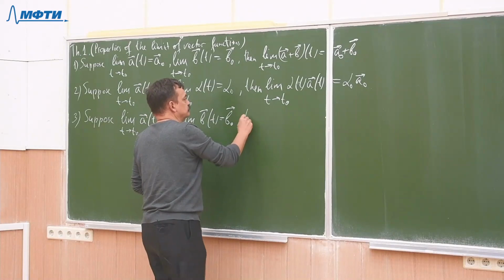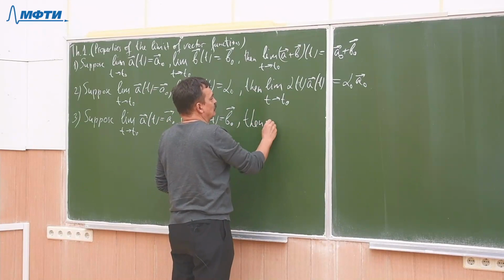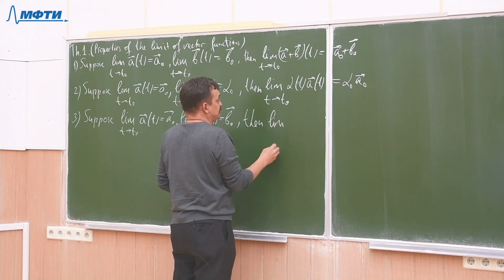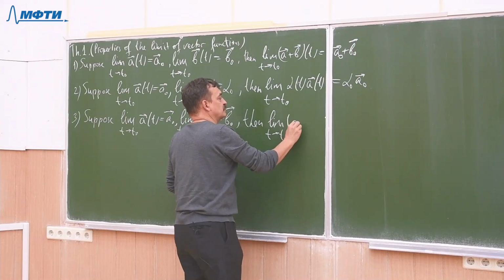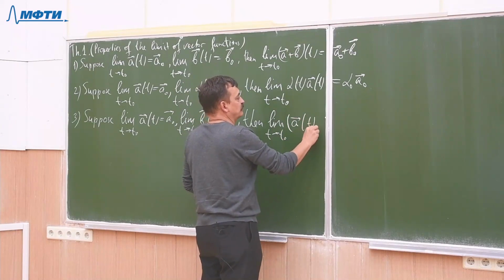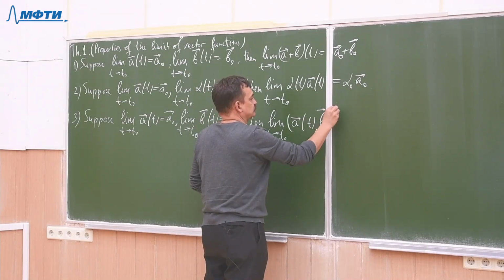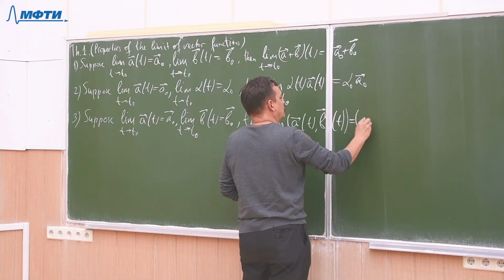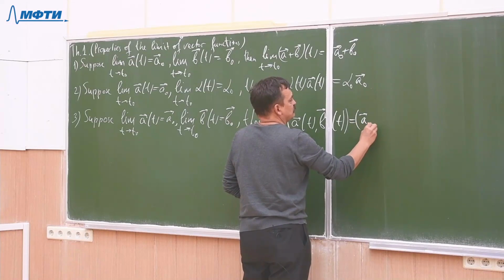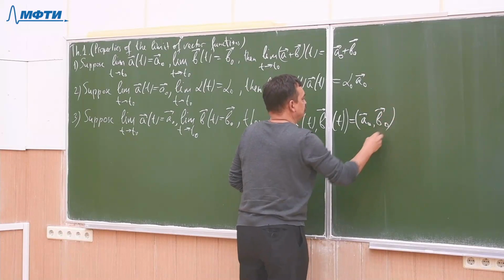Then the limit of the scalar product is equal to the scalar product of limits. A naught times b naught.